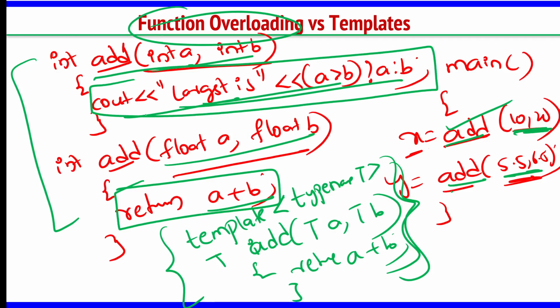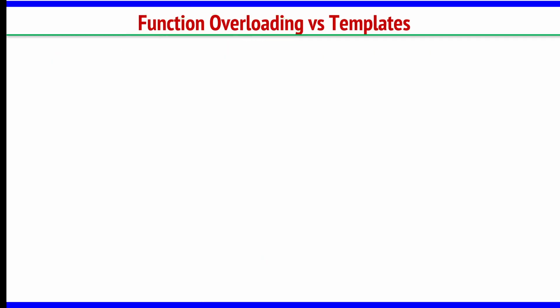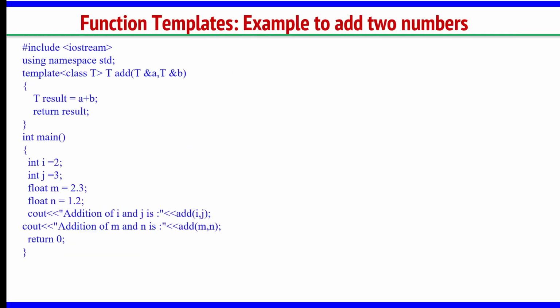So this is the difference between function overloading versus templates. You can convert only those functions which are overloaded with the same function name and different data types, and which also do the same task inside each function. Those can be generalized as templates like this, otherwise we cannot. So this is about function templates in C++.